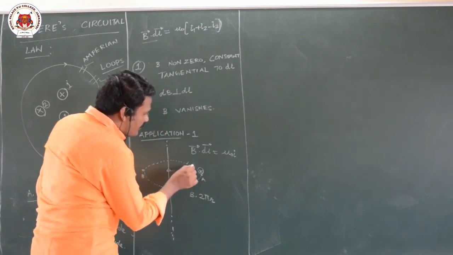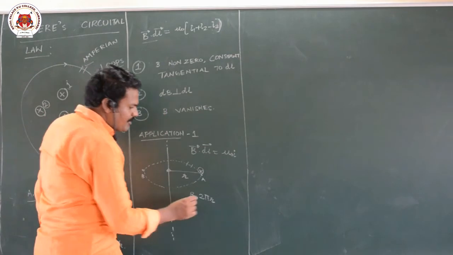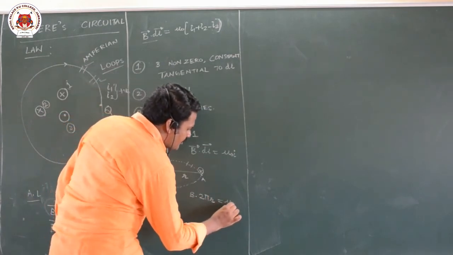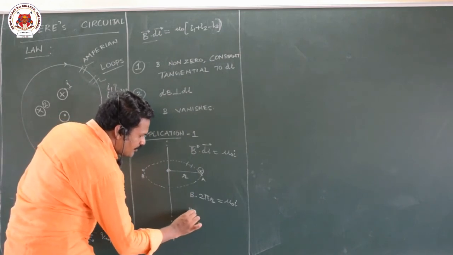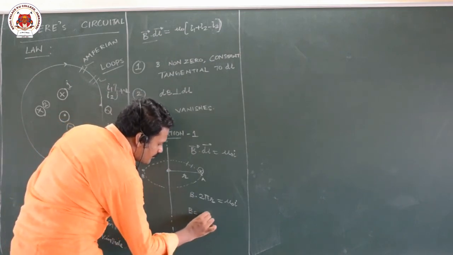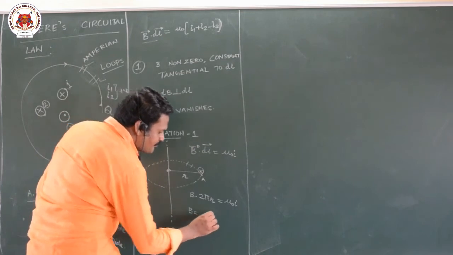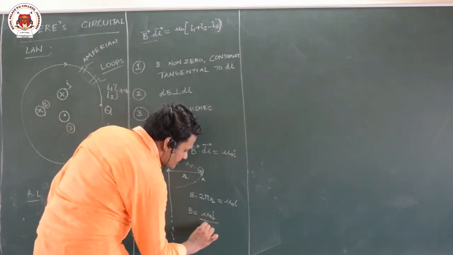The total value of dl for this circle is 2 pi r, equal to mu naught I. Now, from this you will get B is equal to mu naught I by 2 pi r.